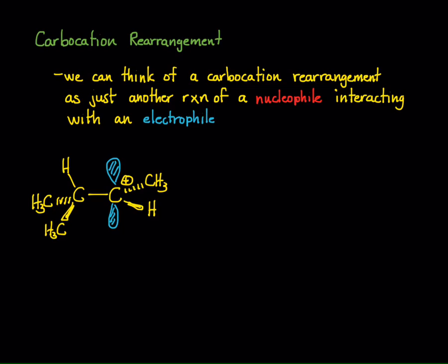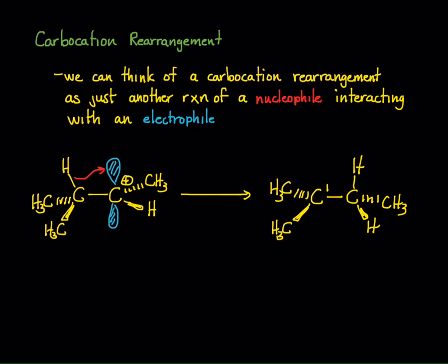Now, interestingly enough, when that sigma bond helps to stabilize that carbocation, it stabilizes it so well that it actually donates its pair of electrons to the empty p orbital. And the result is that we get this shift and the formation of a new carbocation.